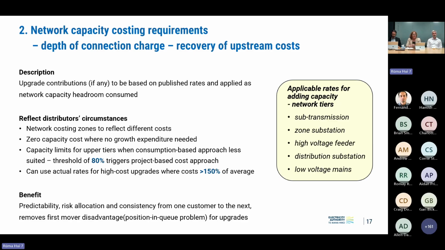Distributors can also nominate capacity limits for the upper network tiers so that really large projects trigger a threshold. We've also proposed to use actual costs where an upgrade is more expensive than the published rates by 1.5 times.